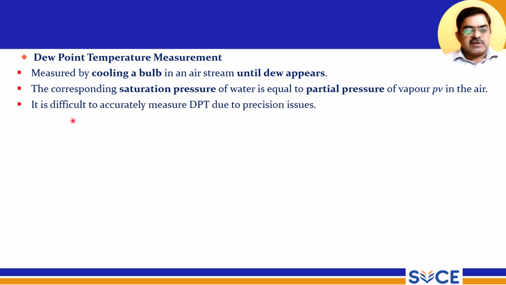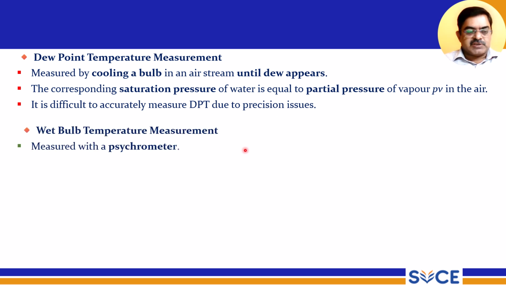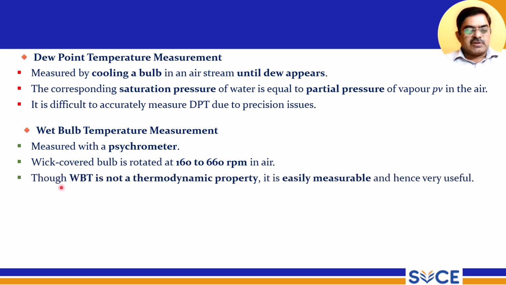It is difficult to accurately measure dew point temperature due to precision issues. Wet bulb temperature is measured with a psychrometer. A wick covered bulb is rotated at 160 to 660 rpm in air. Though wet bulb temperature is not a thermodynamic property, it is easily measurable and hence very useful, also in problems.